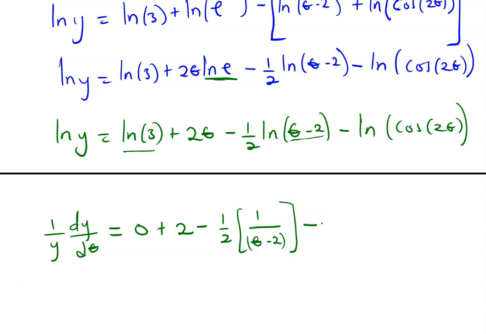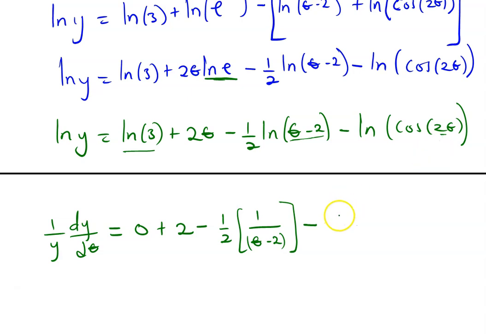Minus. Okay, what happens here? I'm going to differentiate cos 2 theta. Differentiating cos 2 theta, we get minus 2, because when we differentiate from cos to sine, the sign is always negative. We differentiate what's inside first, which is 2.